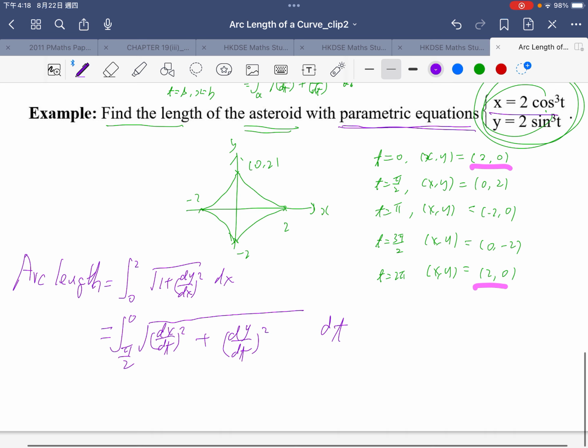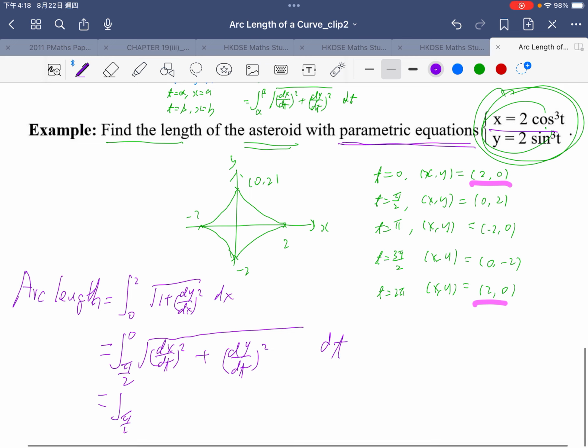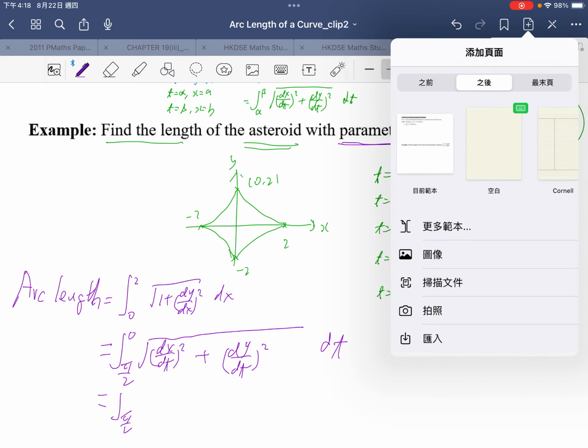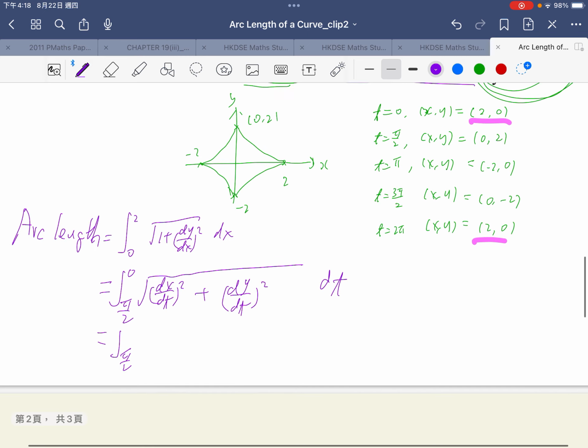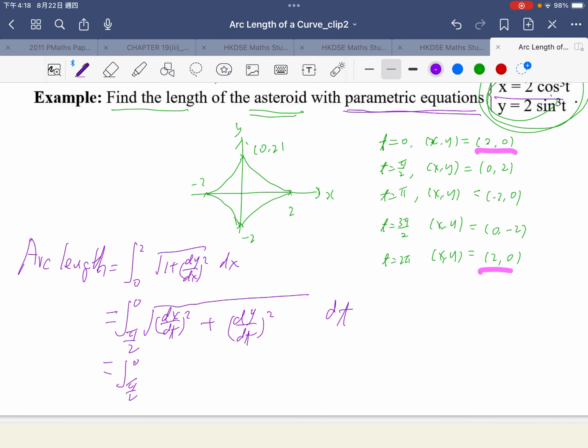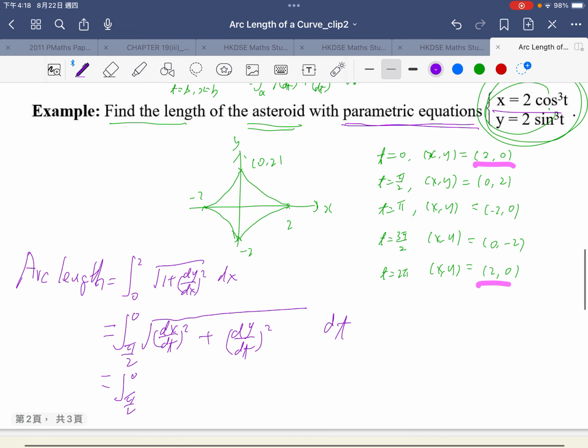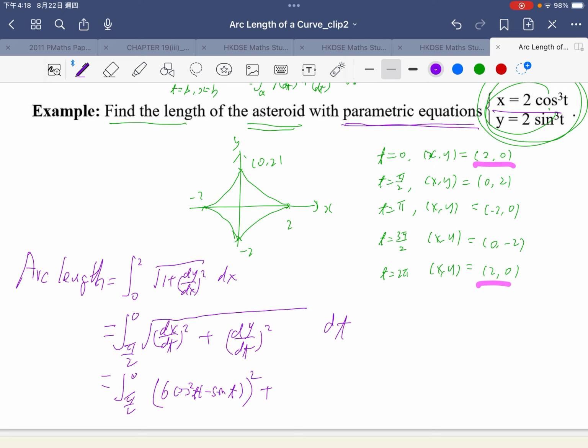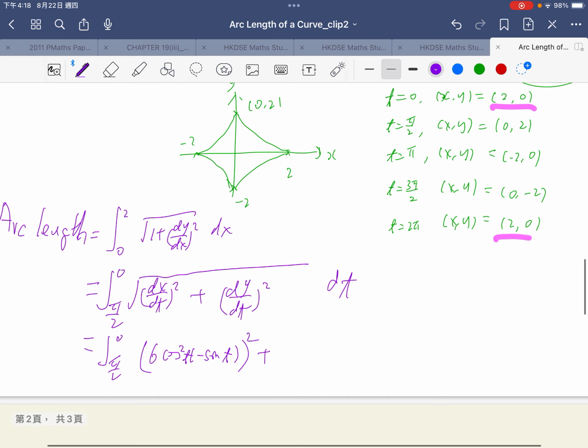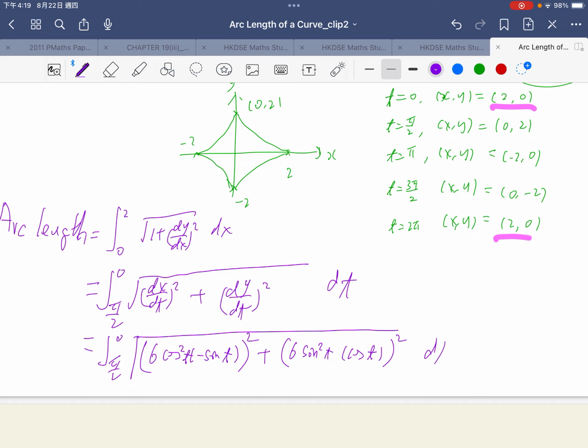For dx over dt, it equals 6 cosine squared t times minus sine t, all squared, and dy over dt equals 6 sine squared t cosine t, all squared, square root, dt.